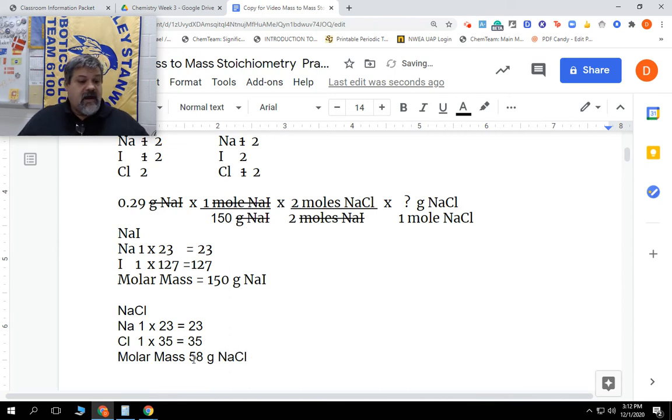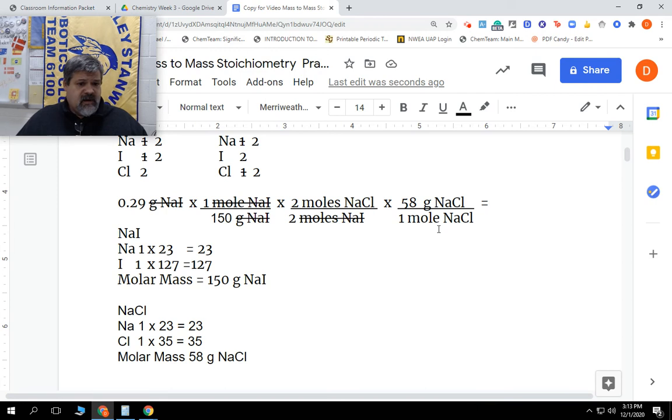So now I can put this 58 right there because I just figured out the molar mass. So we're going to put 58 right there. Now, can I get rid of anything? Well, we're going to underline this first. And then we put our equal sign. Now, there again, almost every stoichiometry problem we're going to do is going to have 3 steps. So 1, 2, 3.